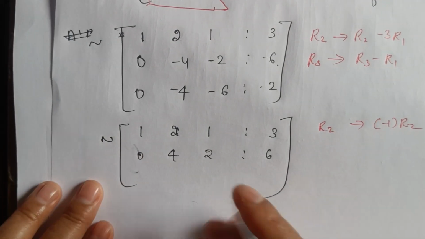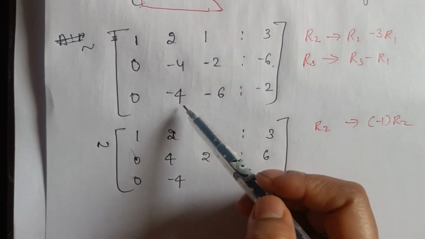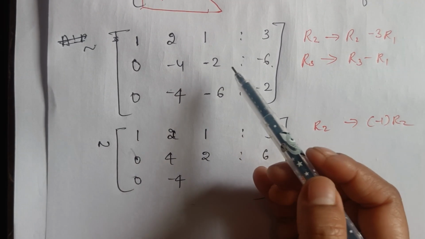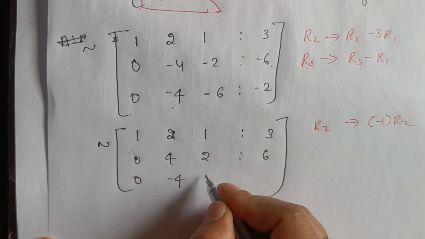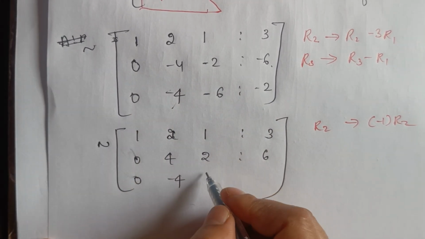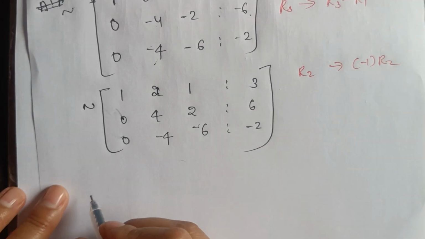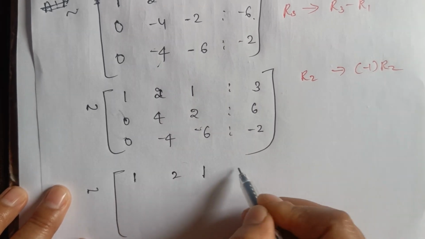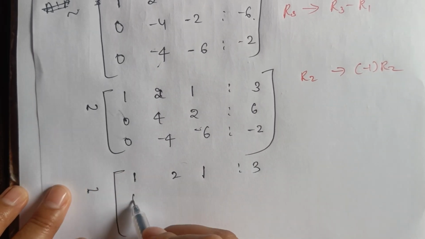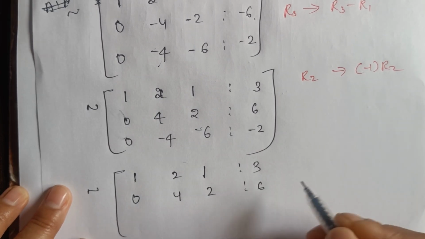And this one I'll write as it is, because if I add row 2 and row 3, this and this will get cancelled. So now I have minus 6 and minus 2. Now I have 1 2 1 3, and 0 4 2 6.